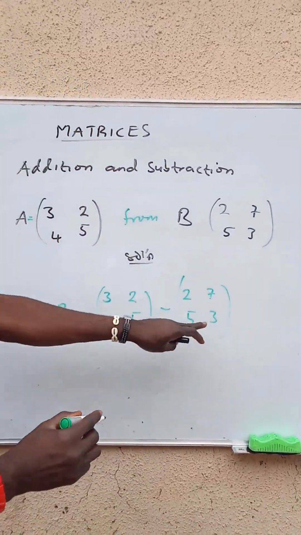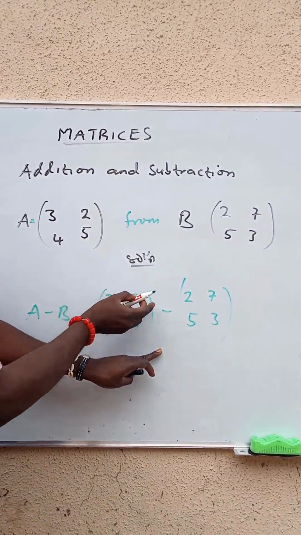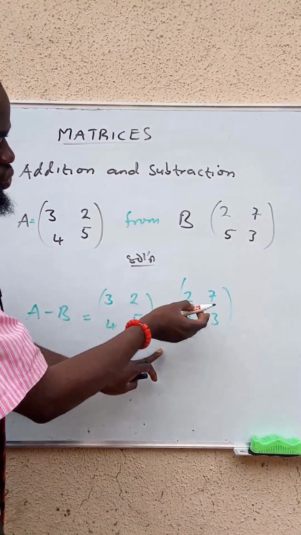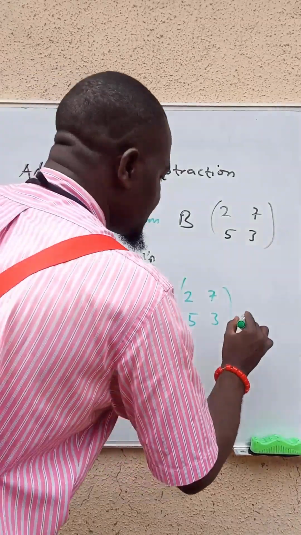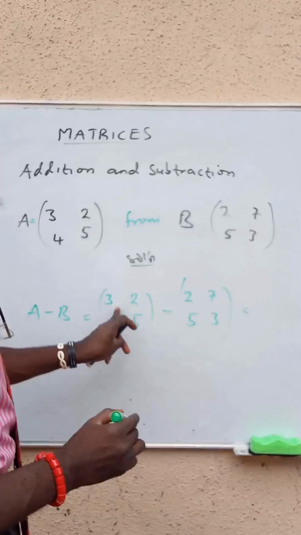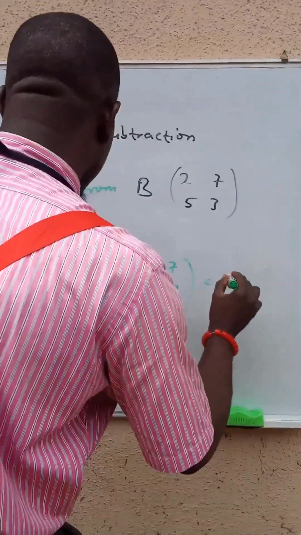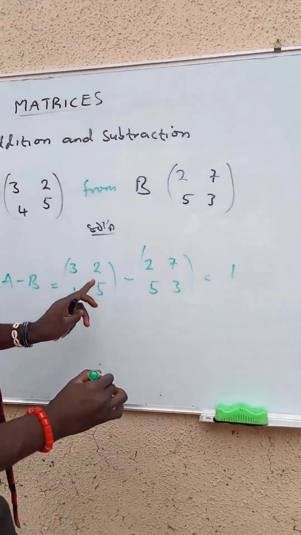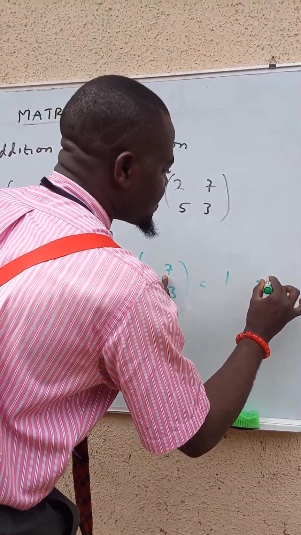Now the order must be the same. You can see we have 2 by 2 and 2 by 2, the same rows, then the same columns. So in this case, what to do is 3 minus 2. I'll go straight here. 3 minus 2 is 1. 2 minus 7 is minus 5.